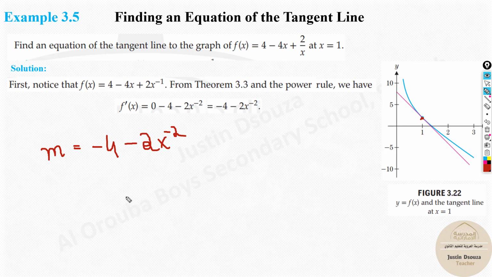If you recall, we had the formula for the tangent line: y equals y1, I believe, plus m into x minus x1.